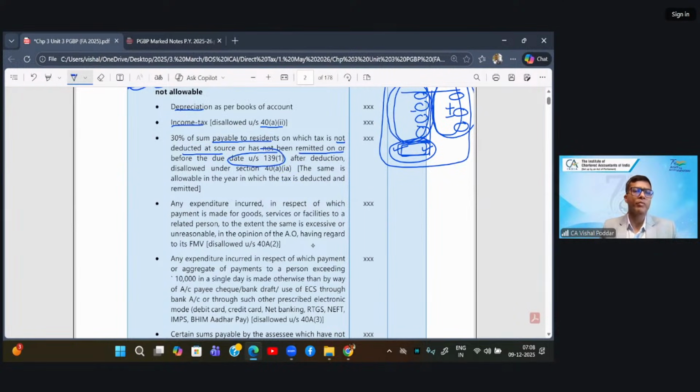Now, by when you have to deduct and by when you have to deposit, you should deduct any time during the previous year, that is up to 31st March 26, and you should deposit before the due date of filing returns. So in this case, if this is not done, any one of the things, and the payment is made to a resident and it is made in India, 30% of the expense will be disallowed. So that will be added.